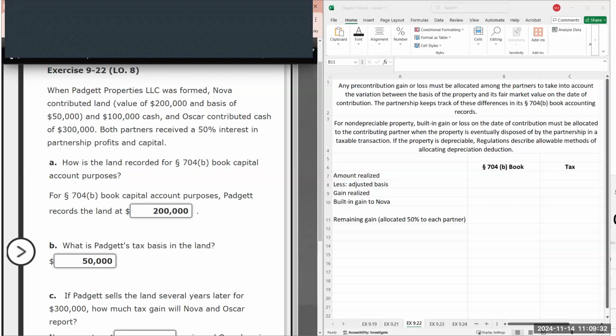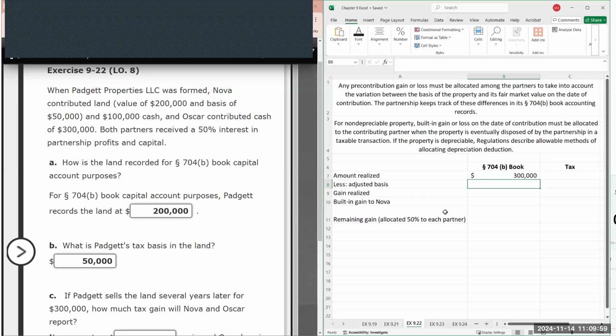Now for question C, this is basically letting us know that, all right, so they're going to sell it. So here it lets us know we need to account for it under both scenarios. So here's how we would account for it. We see that the amount realized was 300,000. And under book purposes, the amount realized was 300,000.